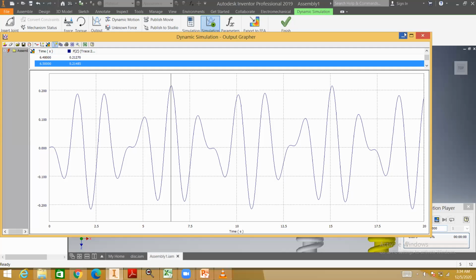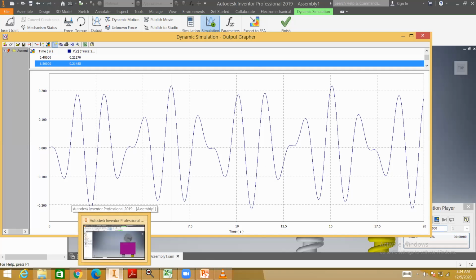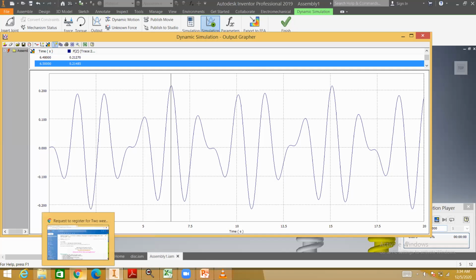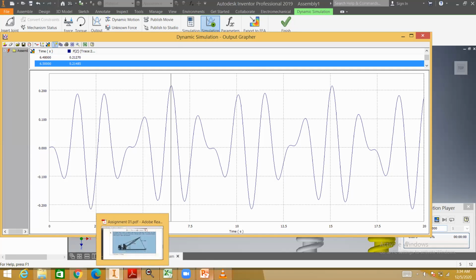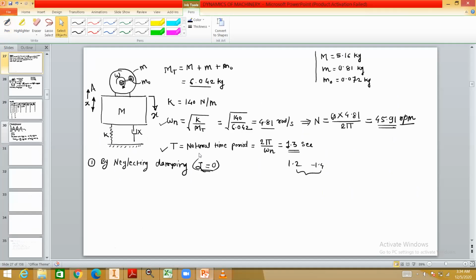If you further increase the value, and suppose the value of RPM is equal to the natural frequency. So the natural frequency corresponding RPM is 48. So at this value, it is 45.91.